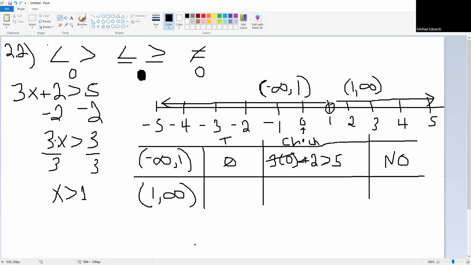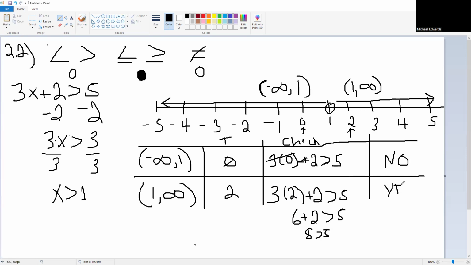In this one, we have 1 going to infinity this way, so we'll just pick the next number, 2, and we will write this as 3 times 2 plus 2 is greater than 5, looking like it might be a solution. 2 times 3 is 6. 6 plus 2 is greater than 5. And this is 8 is greater than 5. And yes, this is a solution.